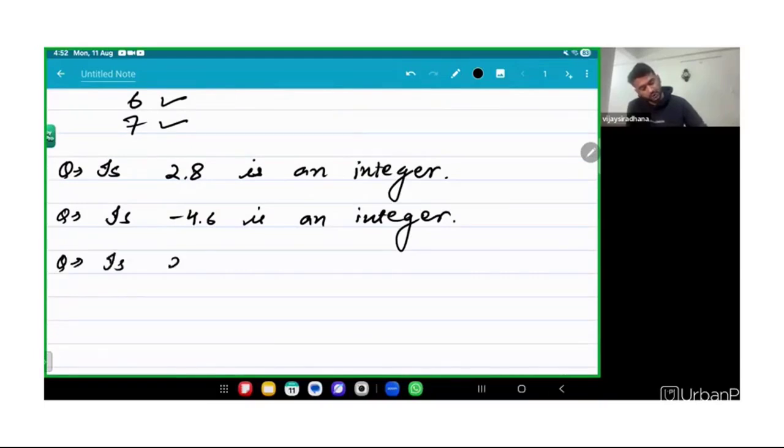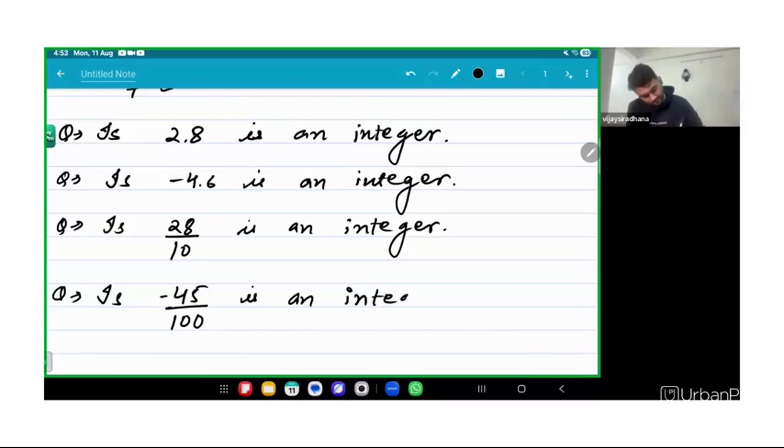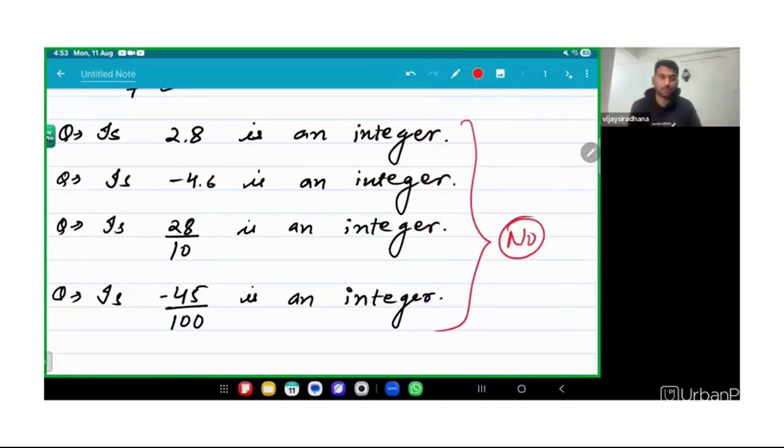Is 28 by 10 an integer? And the last question is, is -45 divided by 100 an integer? So for all the questions, the answer is no, it's not. None of them are integers.